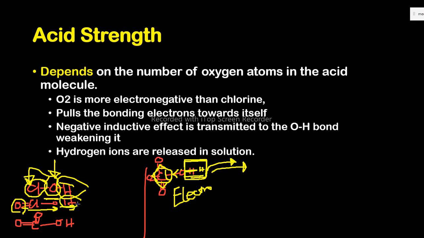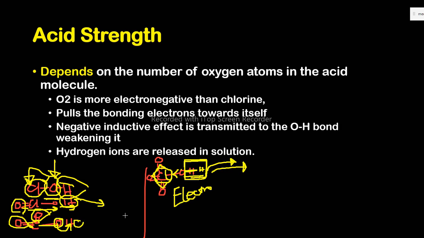Hence you easily release the proton. Again, if you increase the number of oxygen atoms, it is the same case: this one attracts, and also this one attracts. Then you distribute the effect on the oxygen-hydrogen bond, which is easily released into the solution.